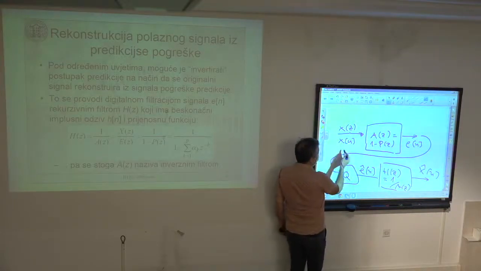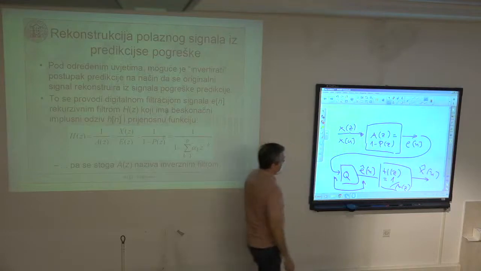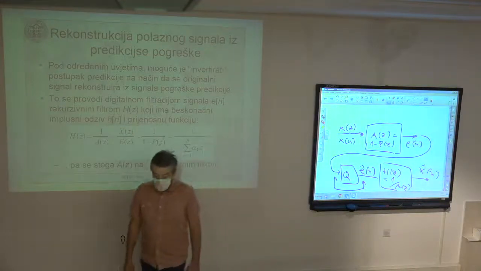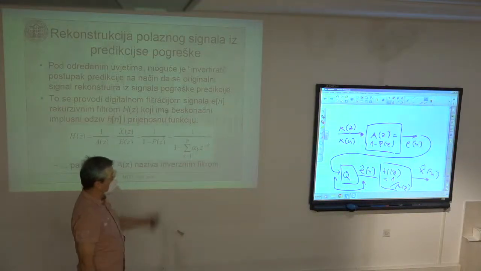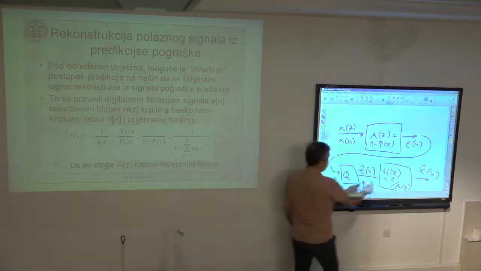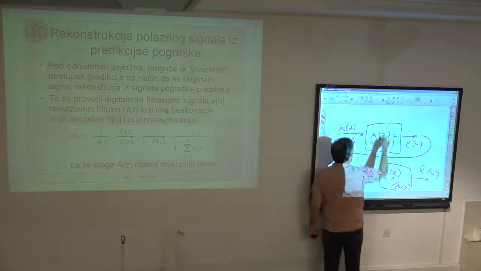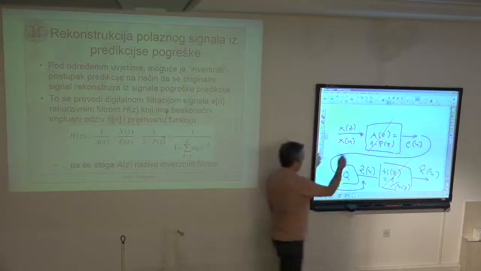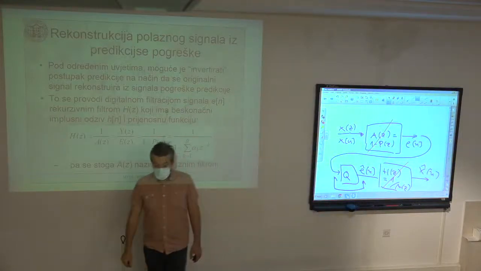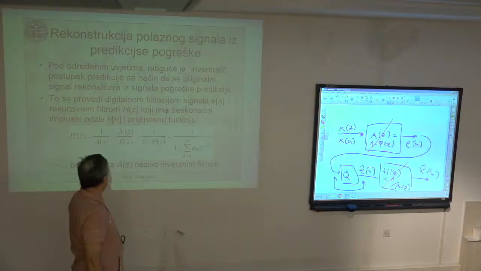It will be equal only in the case that the quantization error is 0. So if this quantization is infinitely accurate, if I have infinite precision, in this case these two filters cancel each other, because this H of z is simply the reciprocal of A of z. And I have that this reconstruction is identically equal to the original signal.